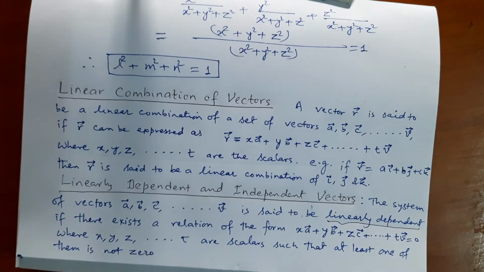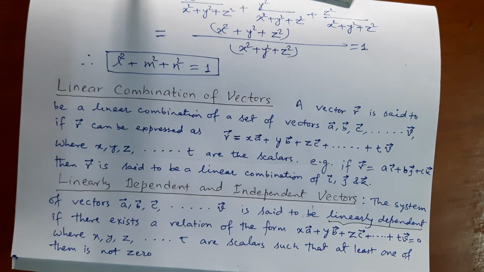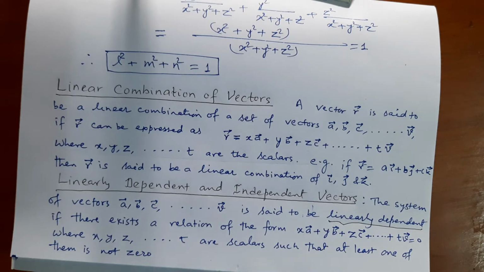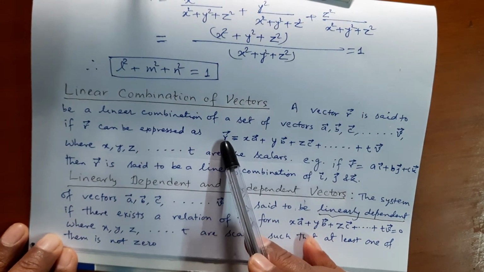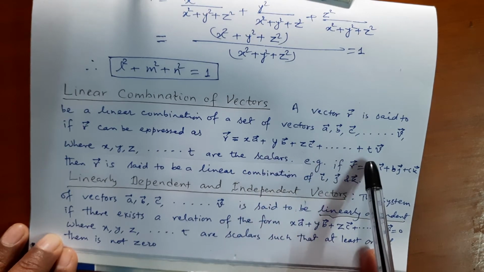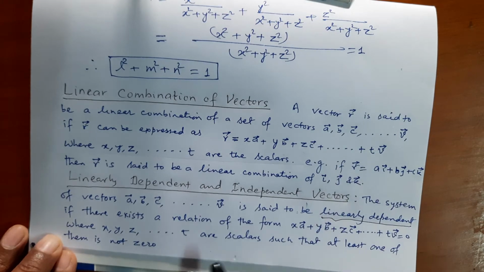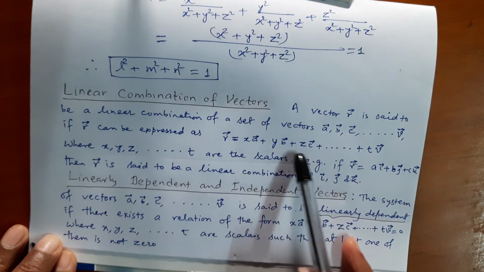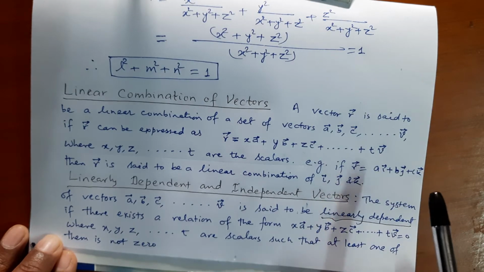We can easily define linearly dependent vectors if we just remember the definition of the linear combination of vectors. In a linear combination of vectors, if instead of R we write 0, and the scalars x, y, z, t are not all 0, then these vectors A, B, C up to V are the linearly dependent vectors.